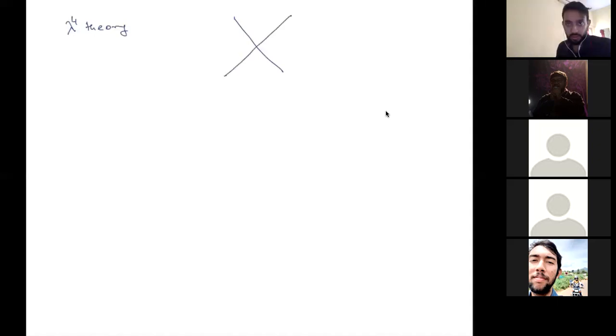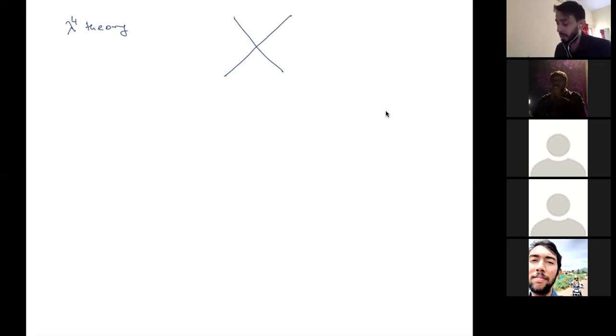You have things which go in, and depending on how you want to do this, you can have things going out. Let me not put arrows, but you know what I mean. These are point-like objects, and so field theory is based on these point-like objects.